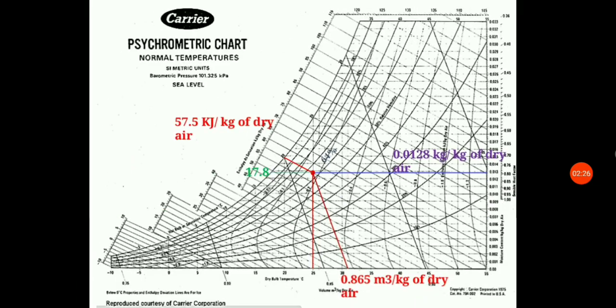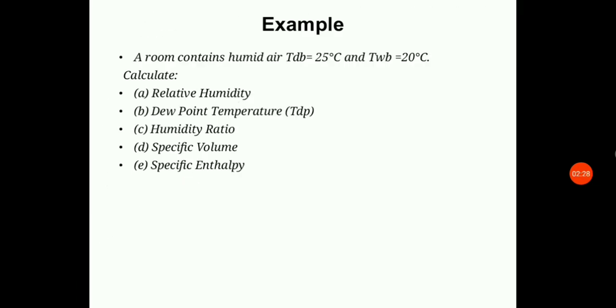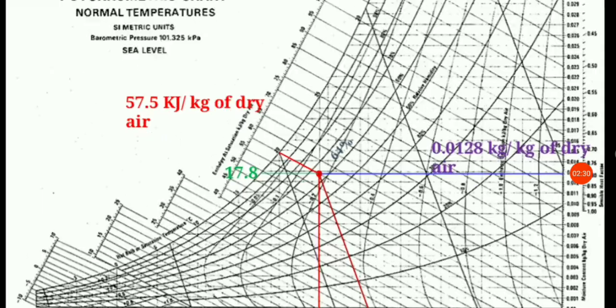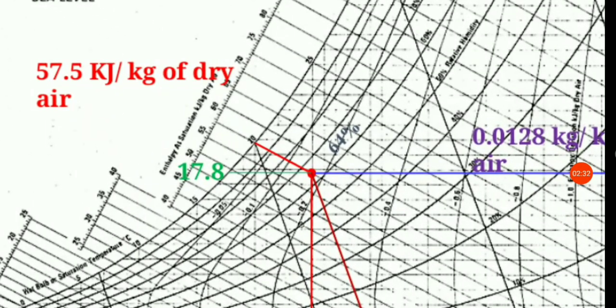The next property that we have to find out is the dew point temperature. In the psychrometric chart lecture, I have told you how to find out the dew point temperature, so we will follow the same procedure. We have to draw a line horizontally and straight towards the left from the given point. So here we can see a line drawn straight towards the left, and this will cross the saturation curve.